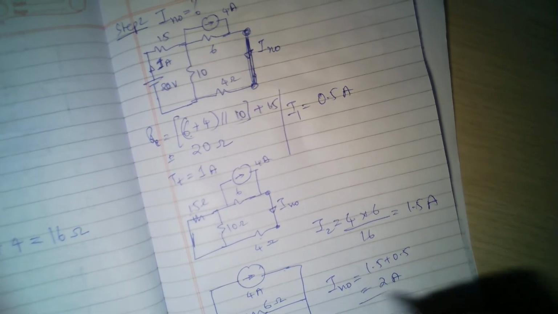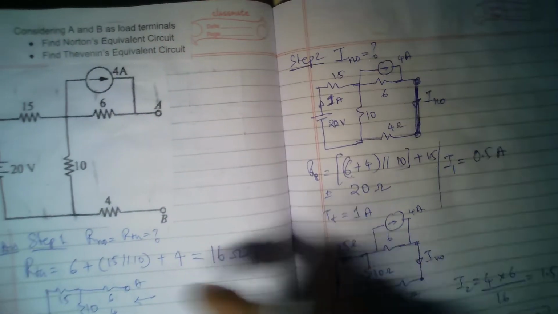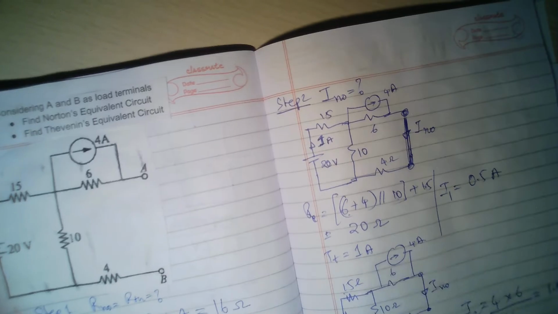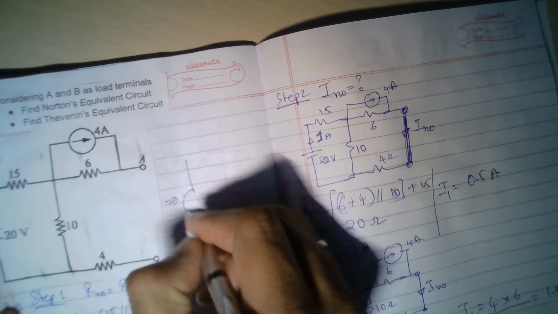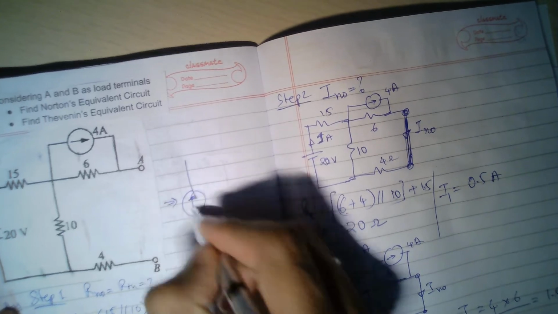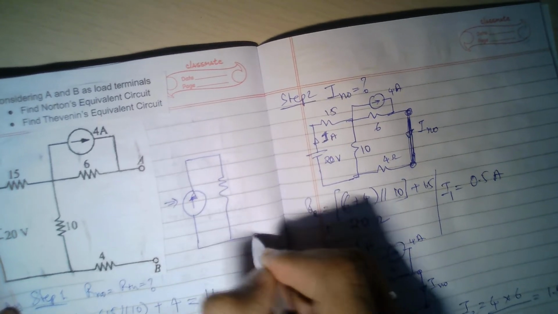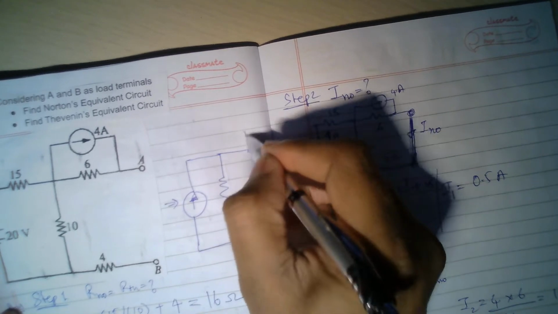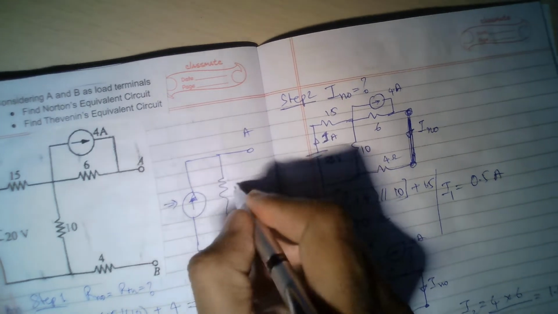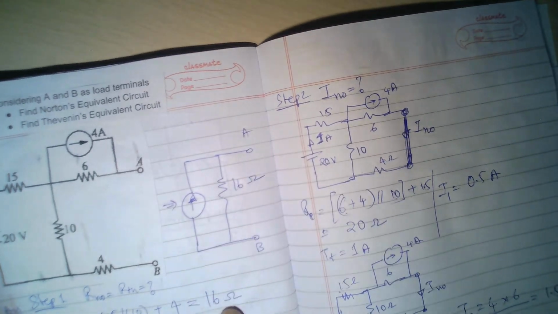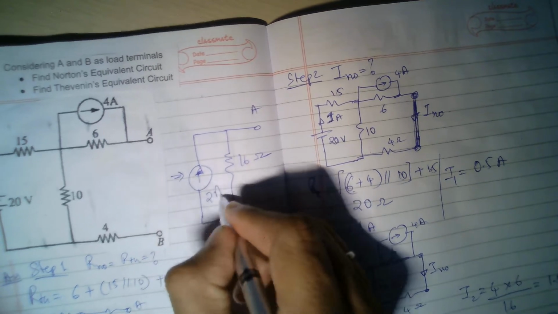So I have the Norton current here, and I have the Norton's resistance here. So now I can make the Norton's equivalent circuit, which is like this. So this is A, B, and this is 16 ohms, because here we calculated 16 ohms, and this current is 2 amperes.